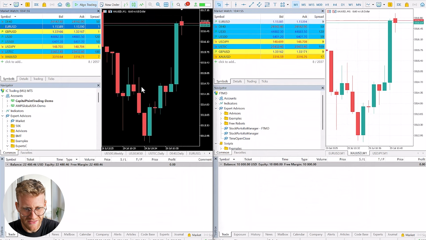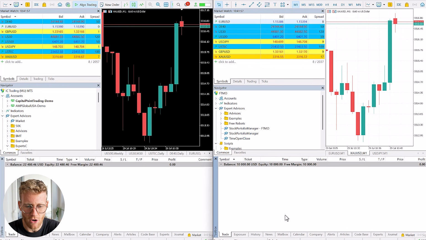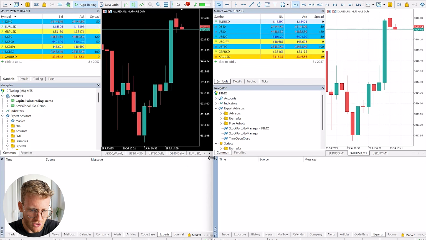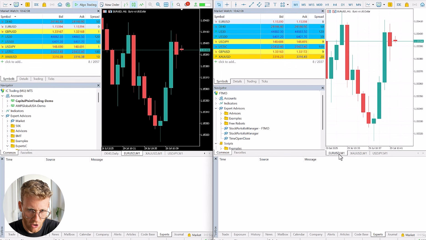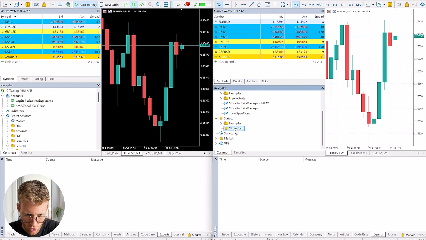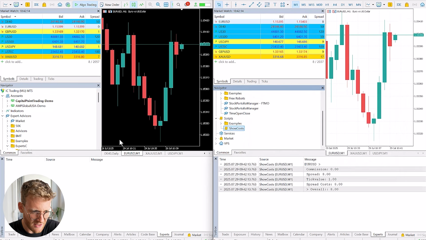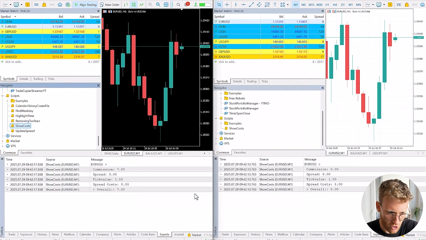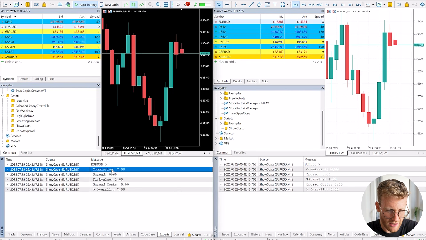So what does this actually mean if we're talking about numbers now? What I prepared here, and let me switch to the experts tab, I want to show you something. For example, if we go to EUR/USD in both MetaTraders, I will now activate this show costs script here and click on OK. And here I also want to use the show costs script. We can see on the left side, this is our raw spread account.